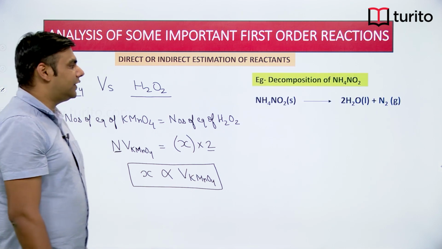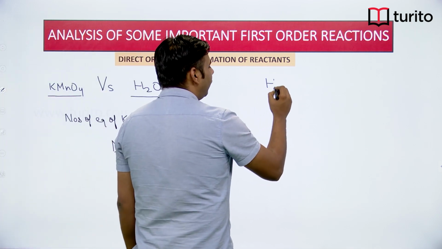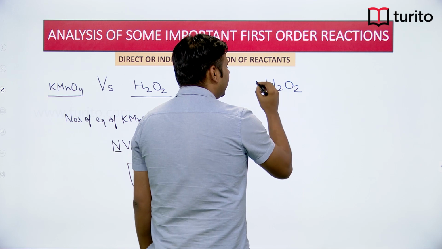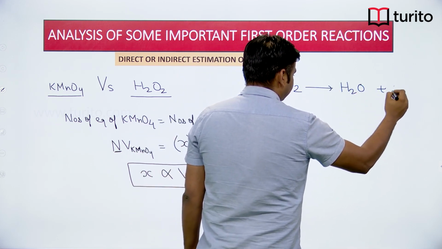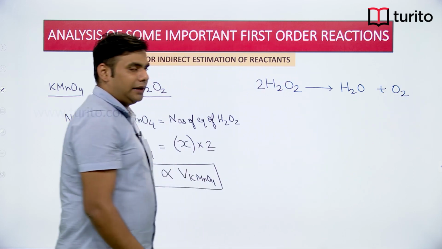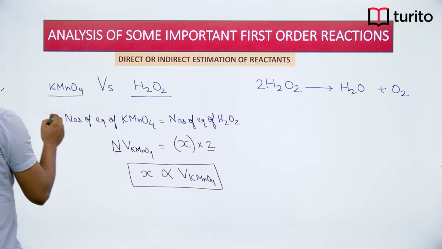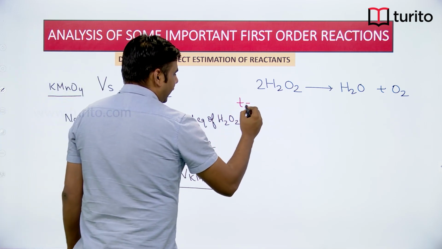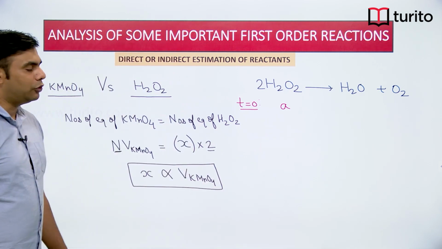So basically we are taking H2O2, which is decomposing into H2O plus O2. We will start this reaction. At time t equals 0, we have only H2O2, suppose A moles.